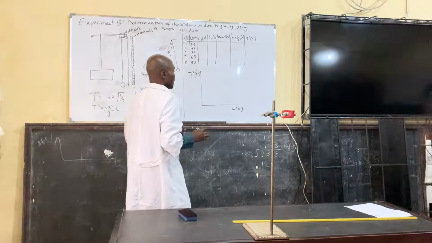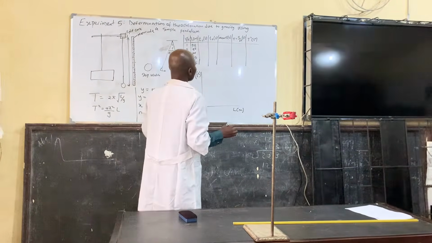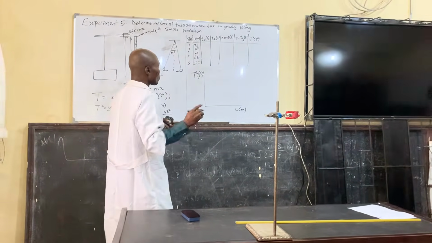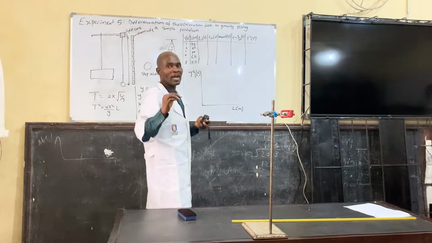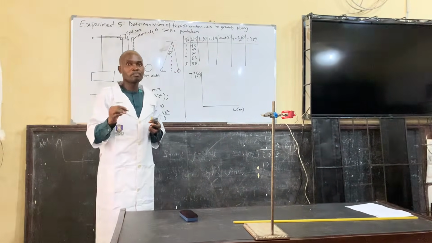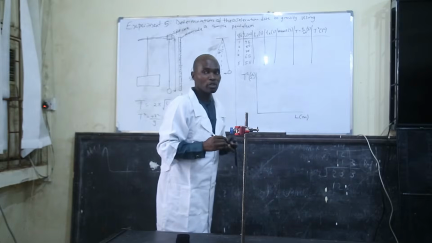As I said earlier, you convert this to meter. Why? Because your acceleration due to gravity is measured in meter per second squared.